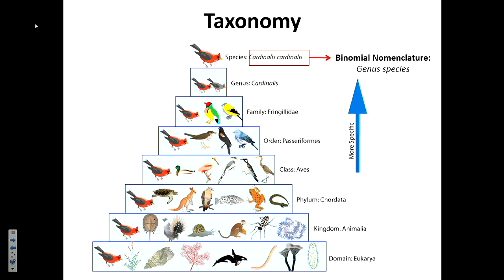When we name an organism, it's done through something I have in bold called binomial nomenclature. You have the genus listed first, and then the species. That is the most specific level in the taxonomy when we're doing the naming.